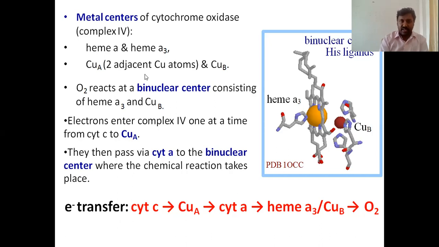If you are confused, write: electrons transfer from cytochrome C to copper A, then from copper A to cytochrome A, then from cytochrome A to cytochrome A3 adjacent to copper B. Then the electrons are transferred to the oxygen molecule, and hydrogen is released to produce water. Here I am discussing structure, but the major important point is how the electron transfer occurs.